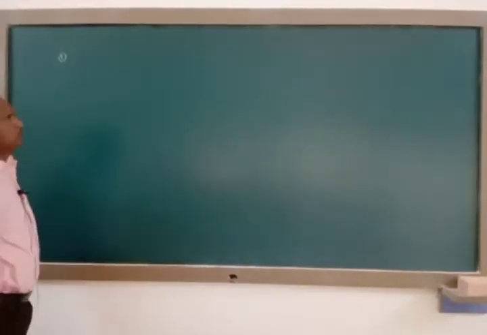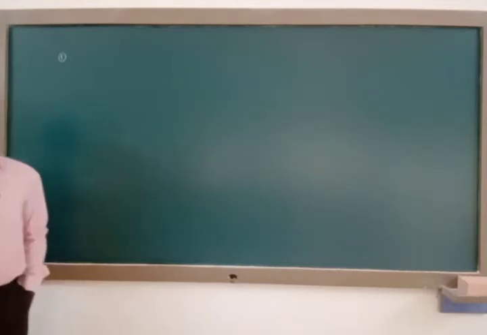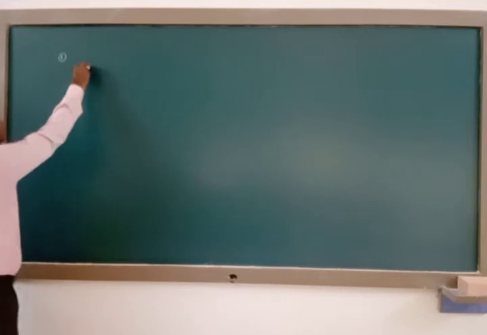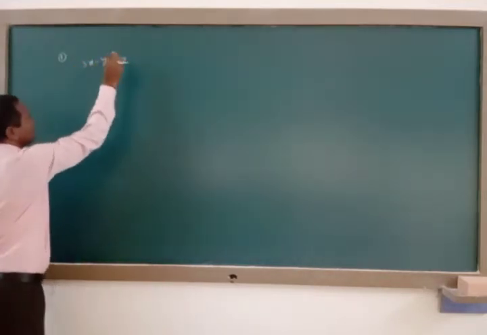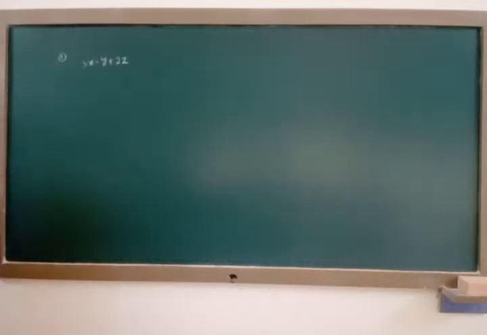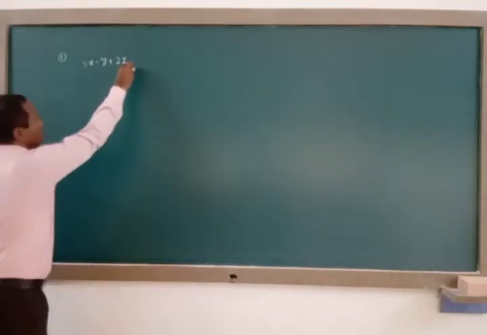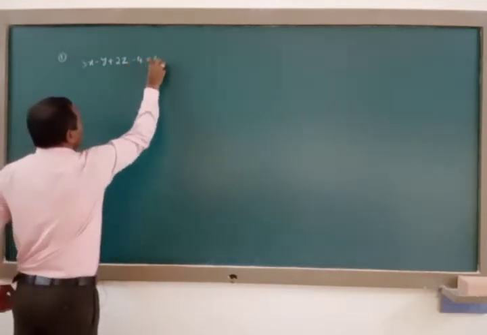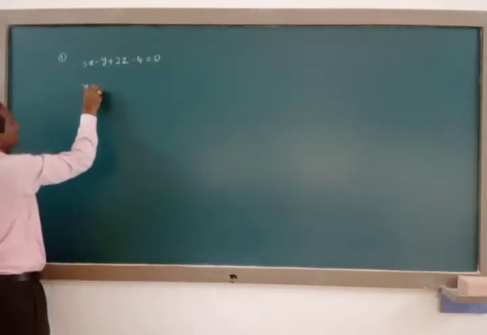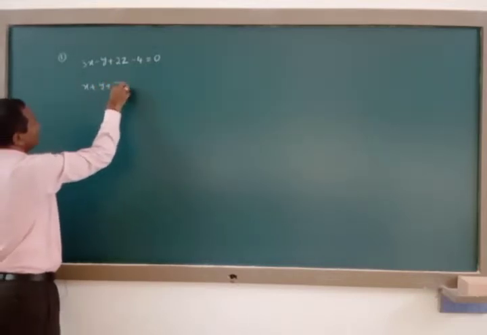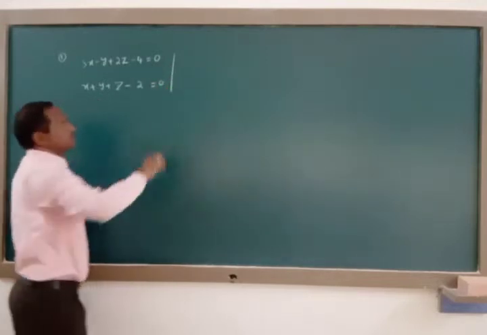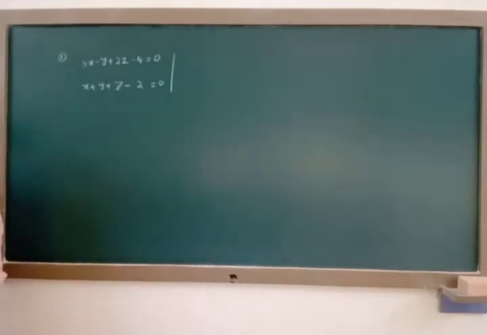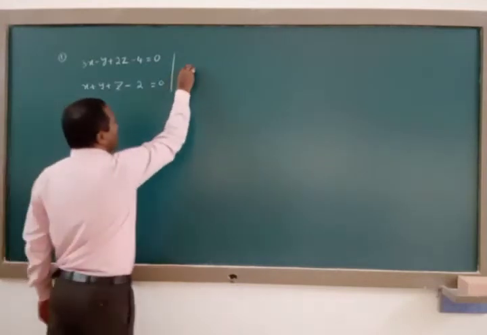First question is: find the equation of the plane passing through the point of intersection of two planes 3x minus y plus 2z minus 4 is equal to 0 and x plus y plus z minus 2 is equal to 0, and passing through the point (2, 2, 1).